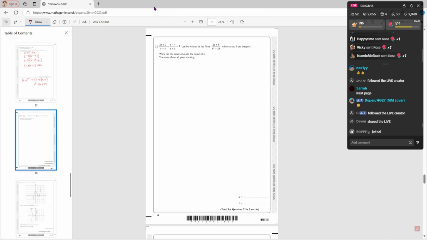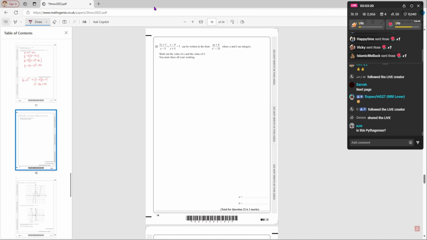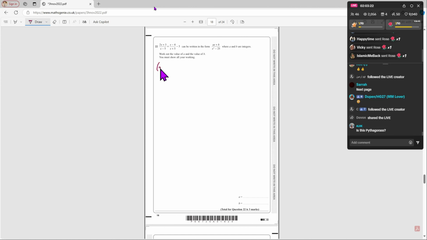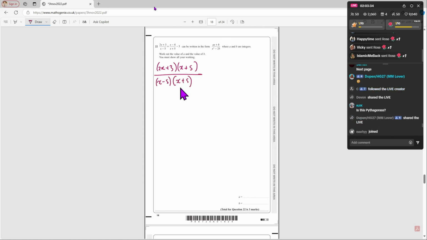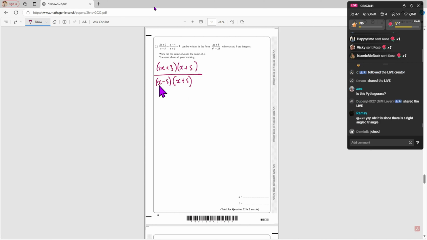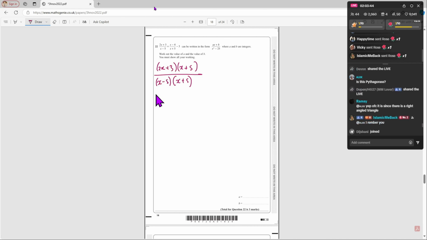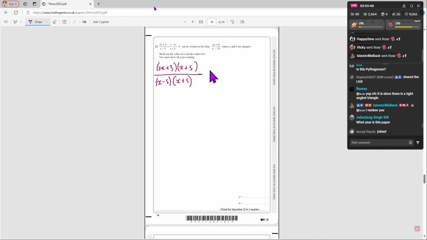Remember, we are going to have three fractions together. So first of all, if we multiply this one by x plus 5, it's going to be 2x plus 3 and then x plus 5 over x minus 5. Remember, it's the same thing. Just imagine you are multiplying it with normal fractions, but this is the algebraic way of doing it with algebraic letters, okay? You find the common denominator by just multiplying these two denominators together.